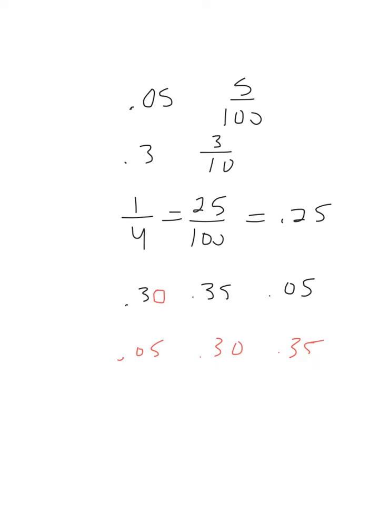Also, when it comes time to putting them onto a number line, if they're given to you as fractions and decimals. So if you had, let's say, 1 3/10ths, 35/100ths, 5/8ths, okay, one and 1/4.